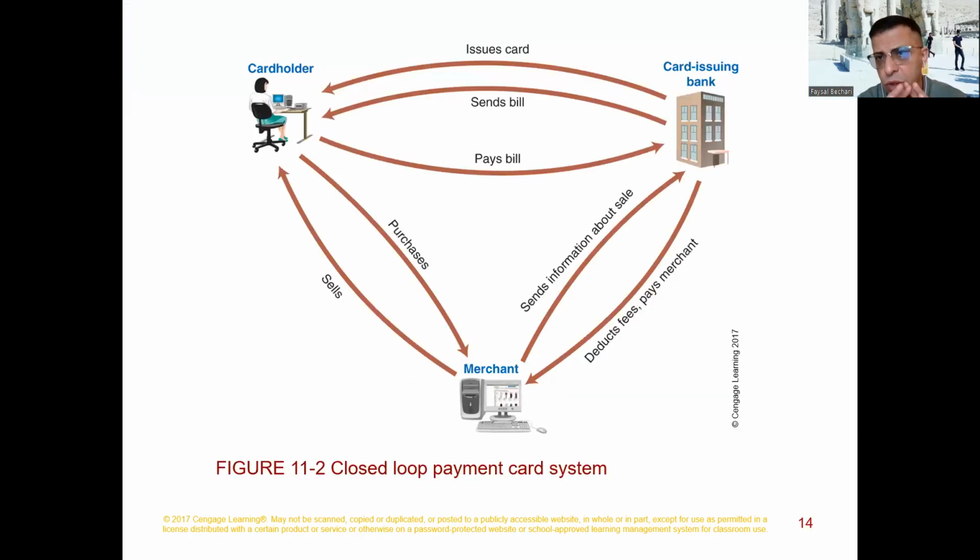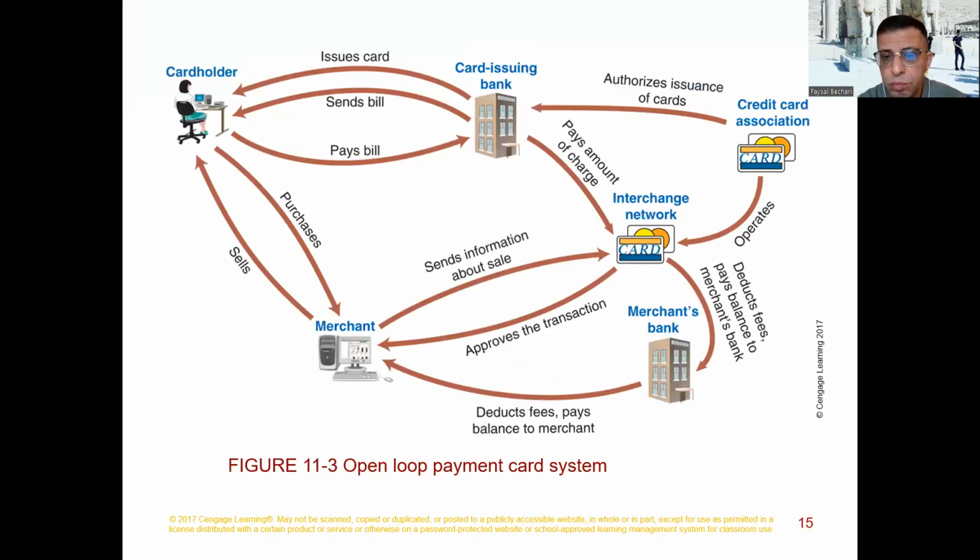And this is how it looks in a closed loop payment card. We'll explain that. And then we have the open loop payment card, which is Visa and MasterCard. The first one might be a closed loop. We'll explain that too.